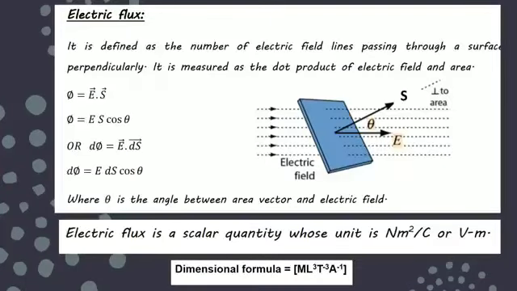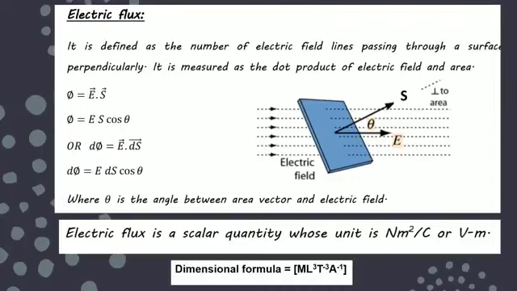What is the need to understand the area vector? For that, the next quantity we have to talk about is the electric flux, because we have discussed in the previous lecture about the field lines, electric field lines of course, which are passing through a surface. Like if I have taken this as a surface, then the field is like this, and the direction of the field is known to me.